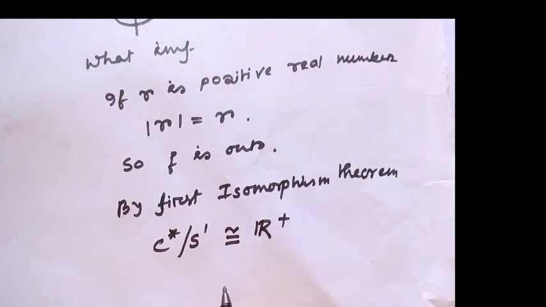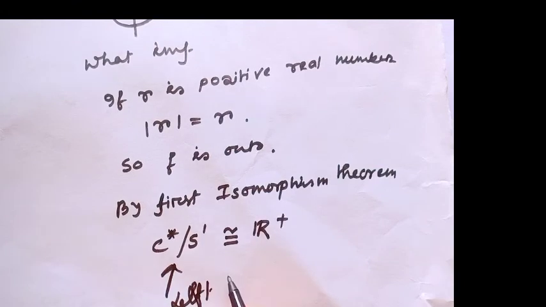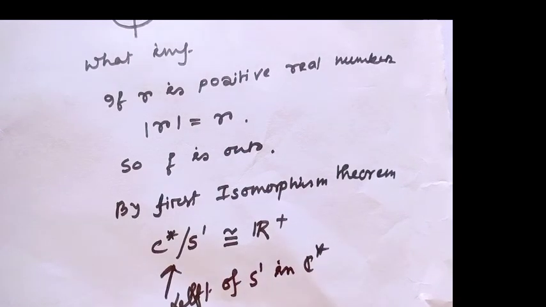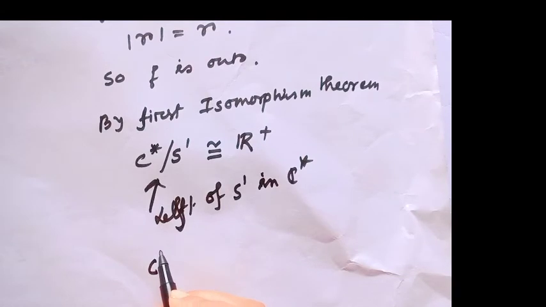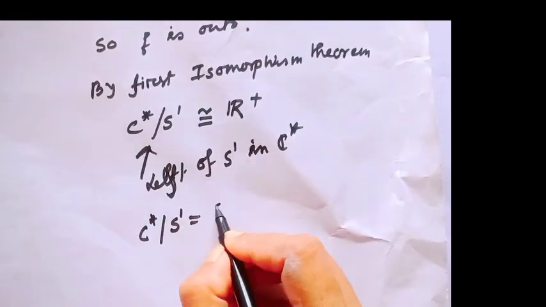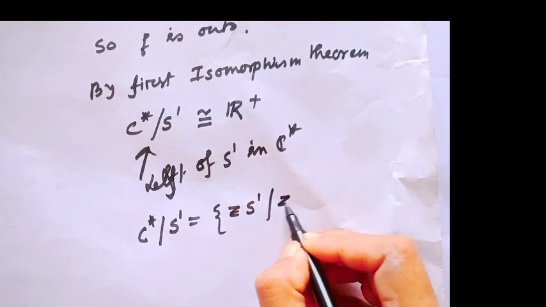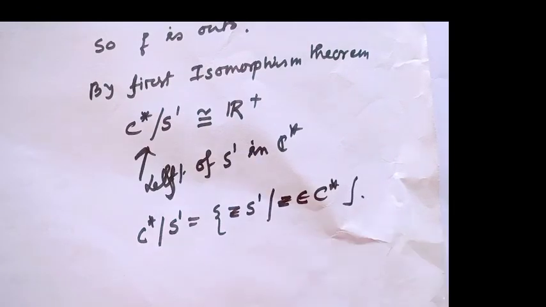Are you getting? This is actually the left cosets of S1 in C star. Actually this means what? C star mod S1 means zS1 such that z is a member of C star. Okay? Are you getting?